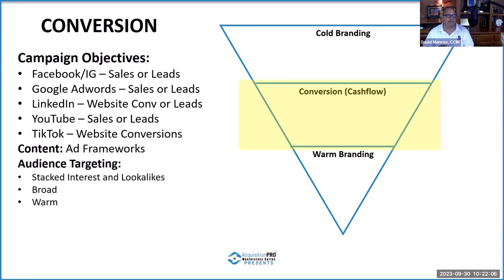Then we have audience targeting. Audience targeting will actually happen at the ad set level, or on LinkedIn, it's called the campaign group level. For audience targeting, you've got stacked interests. You can go in and select interests.